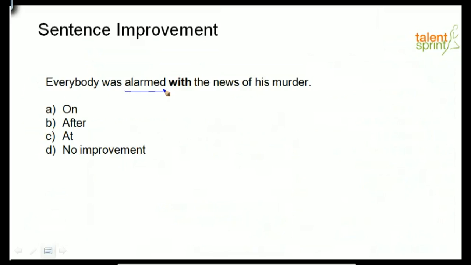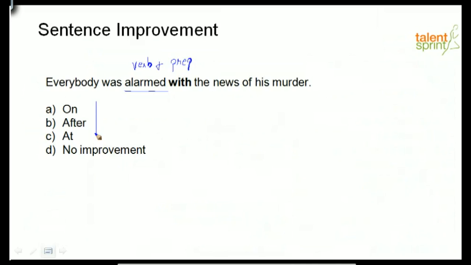Usually when you have alarmed, obviously that's our verb, the action word. And the word following it is a preposition. In fact, all the options that I have are prepositions.